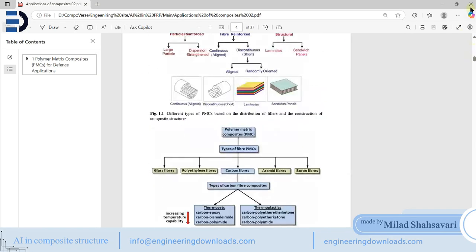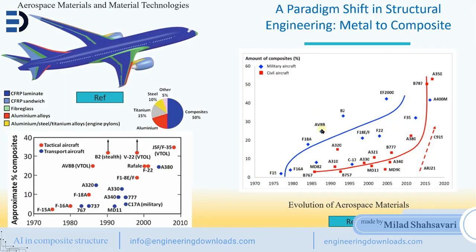As mentioned earlier, our goal in this presentation is to ensure that every topic introduced is backed by references and scientific papers. In the chart on the right, the growth in the use of these structures in both military and civil aircraft is clearly visible, showing a sharp and significant increase starting from a certain year.